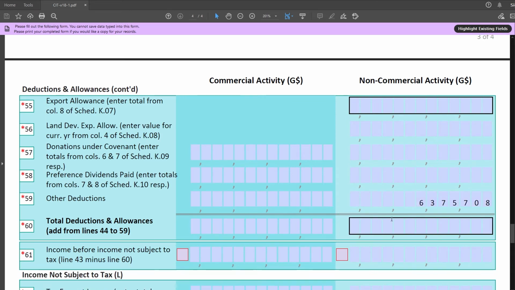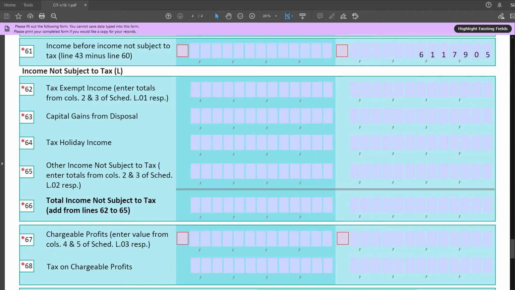Enter the sum of lines 44 to 59 in line 60. Income not subject to tax is section L. This section has no relation to the company. Therefore, we enter the chargeable profits in line 67. Enter the value for columns 4 and 5 of Schedule L2, then calculate the tax of chargeable profits in line 68.